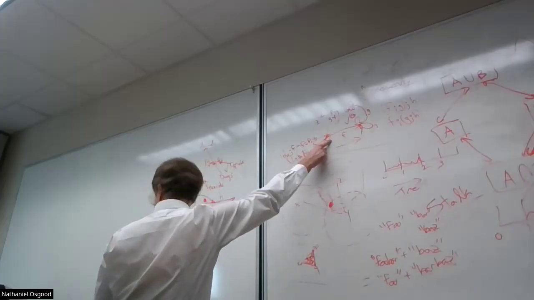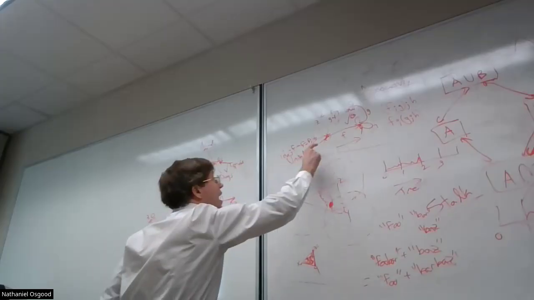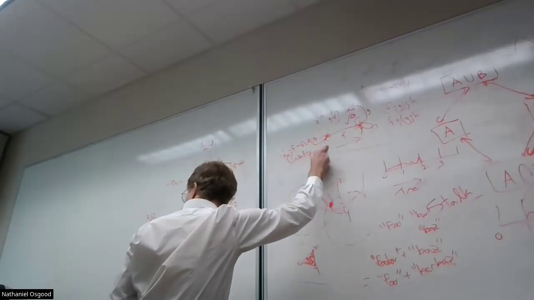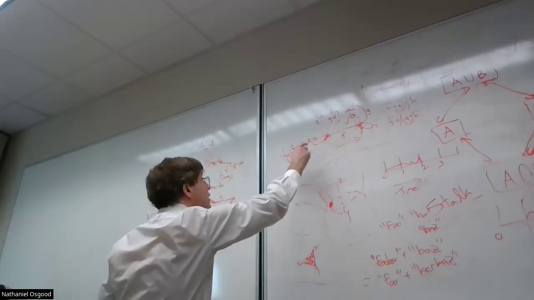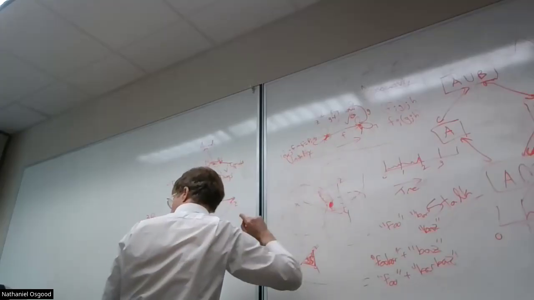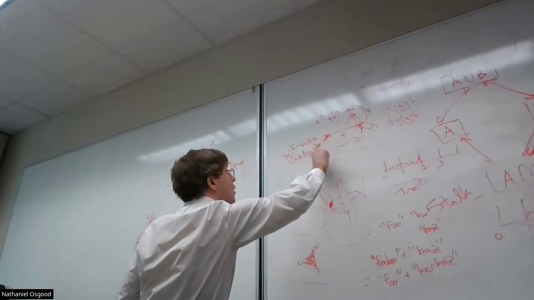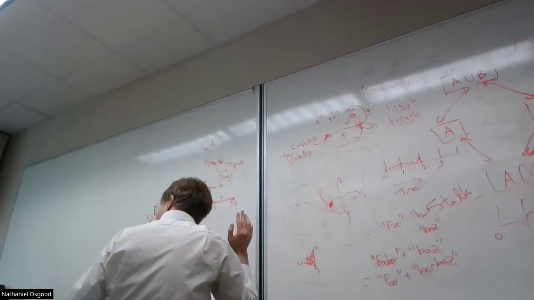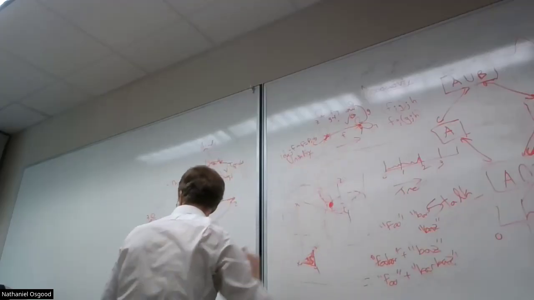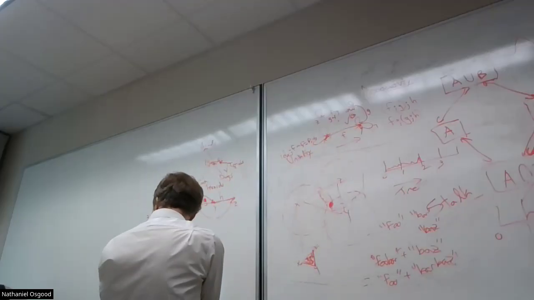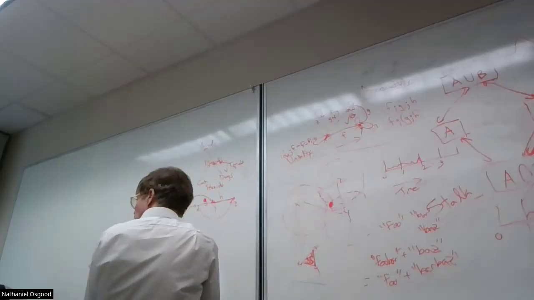If this is int and this is bool, maybe f is prime, right? It says for each integer whether or not it's a prime number. And maybe there's another one from int to bool that might be is odd, and another that might be is even. All of those take an int and return a bool. You get that idea? So they're kind of function-like, right?